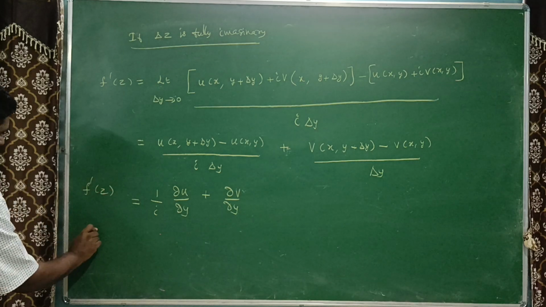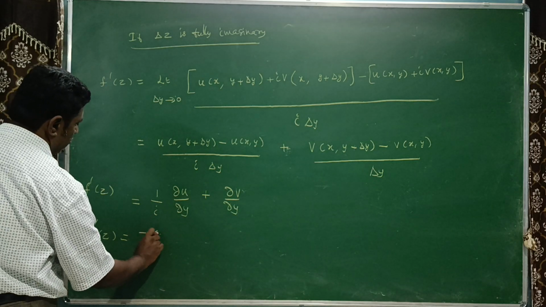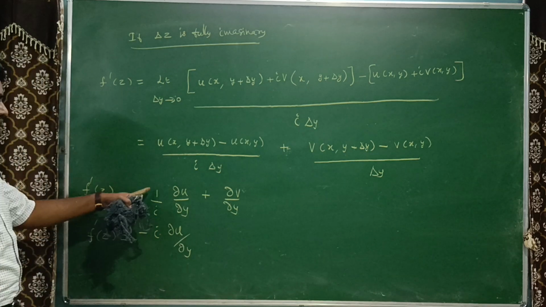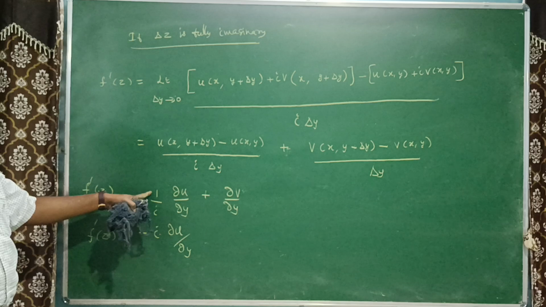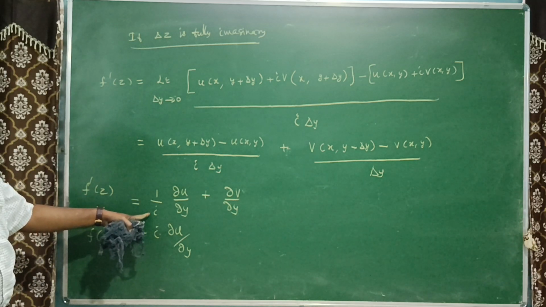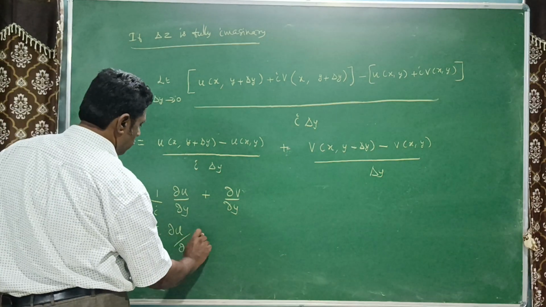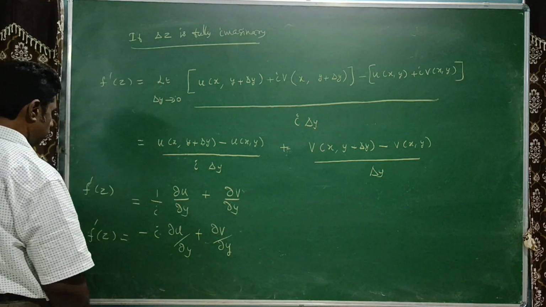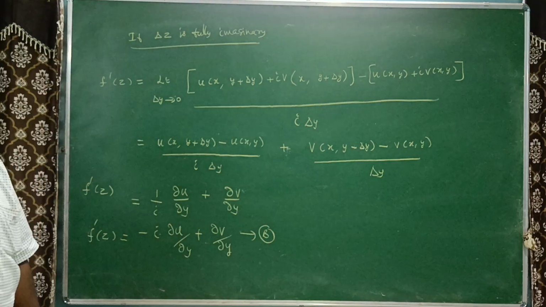Further we may modify this. f dash of z equal to minus i into ∂u/∂y, because multiply numerator by i and also the denominator by i. You can get i square equal to minus 1. So minus i into ∂u/∂y plus ∂v/∂y. This is the value of f dash of z. Assume that this is equation B.